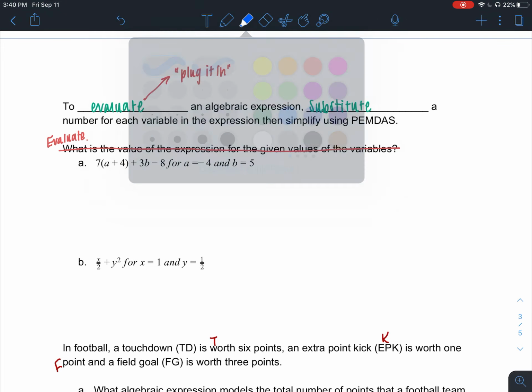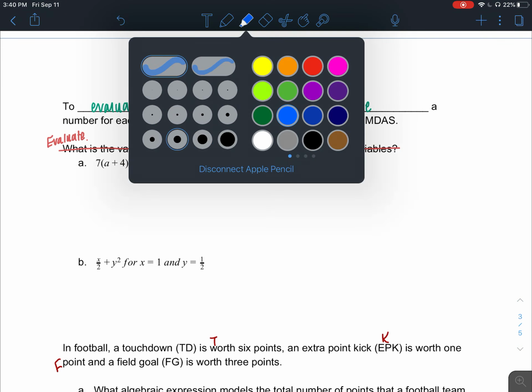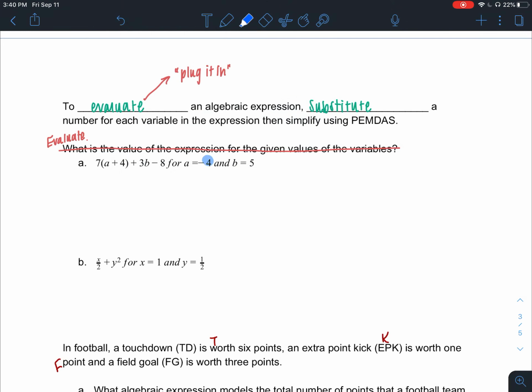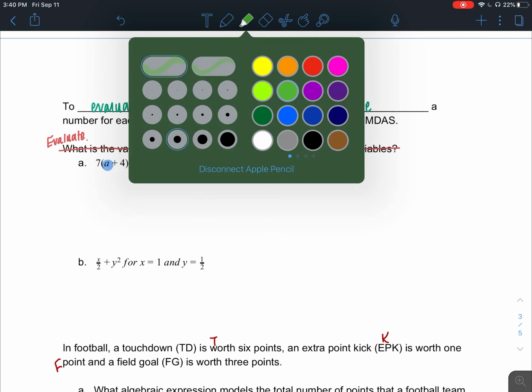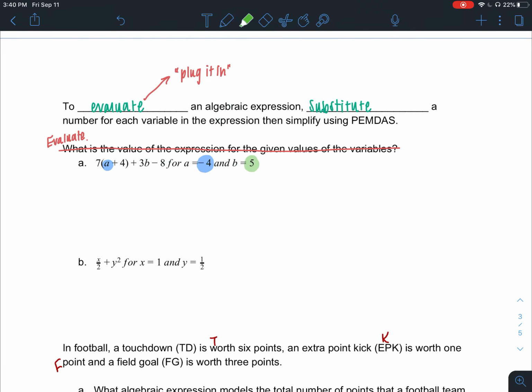Let's see. A is -4, we're plugging that in for A. And B is 5, and we're plugging that in for B. So 7 times (A plus 4) plus 3B minus 8. If you remember, I always put those parentheses in there so I don't get confused. A is -4, B is 5.